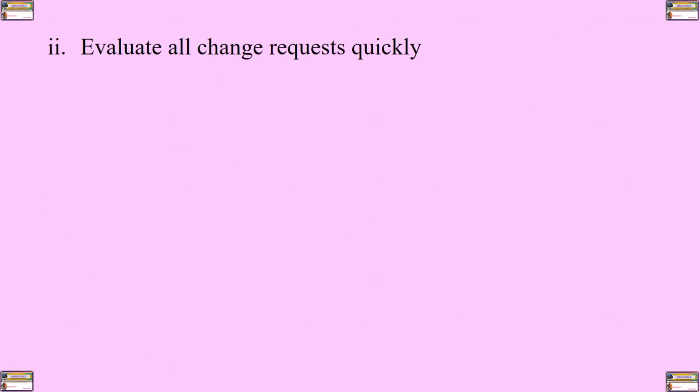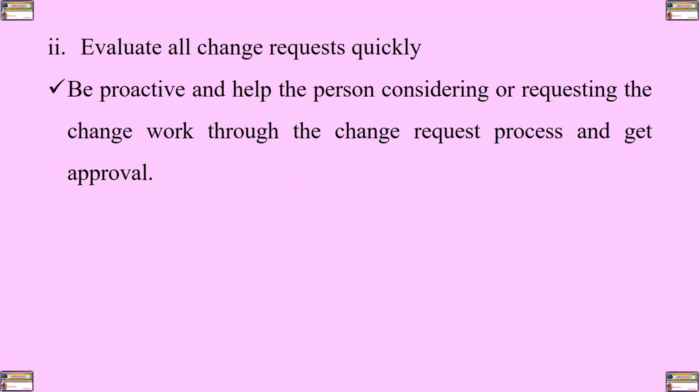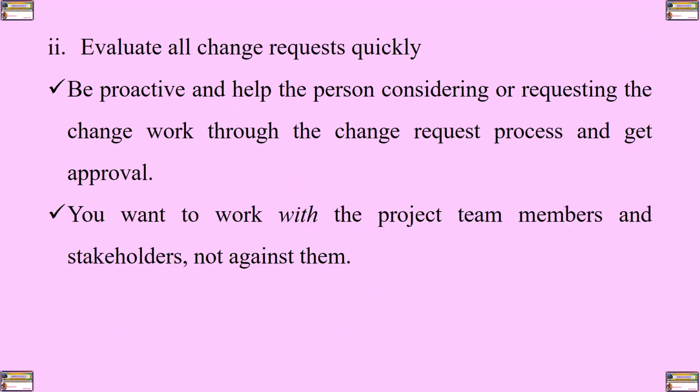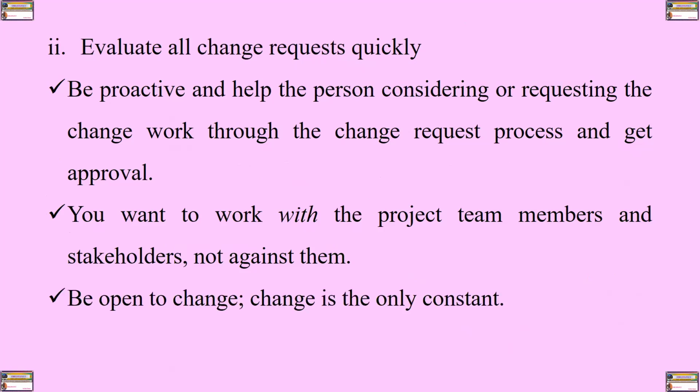Number 2, evaluate all change requests quickly. Be proactive and help the person considering or requesting the change work through the change request process and get approval. You want to work with the project team members and stakeholders, not against them. Be open to change because change is the only constant.